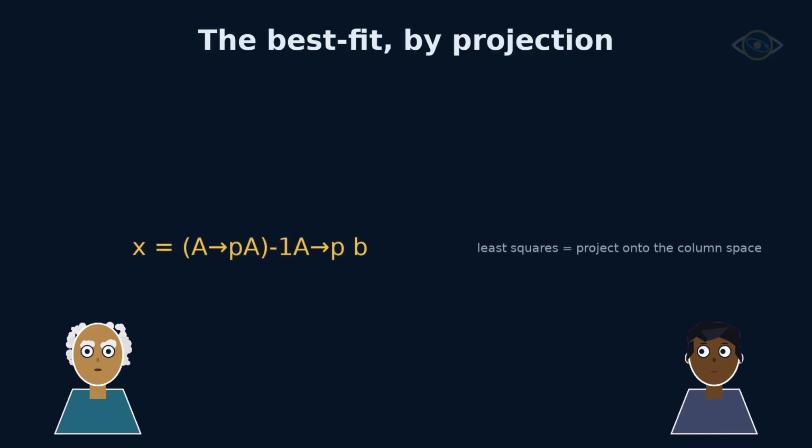Here's a heavyweight application. When data won't fit a line exactly, least squares finds the closest fit by projecting the data onto what the model can reach, and every piece of that formula is dot products. So, curve fitting, regressions, the trend lines everywhere in science, they're all just projection. The dot product casting a shadow onto the best we can do.